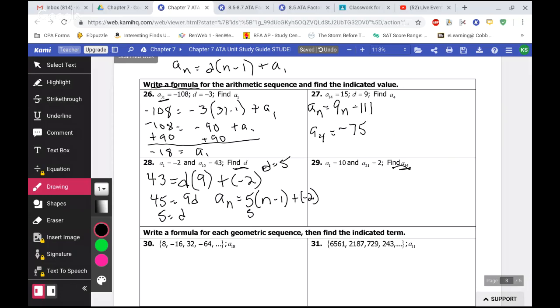And then you distribute, because I think Miss Wynn also told me in her classes, this seemed to be the part that kind of trips some people up, this distributing to get the final thing. So you've got a negative 5 and a negative 2. So that's going to be minus 7. So the formula is a_n equals 5n minus 7. Okay.